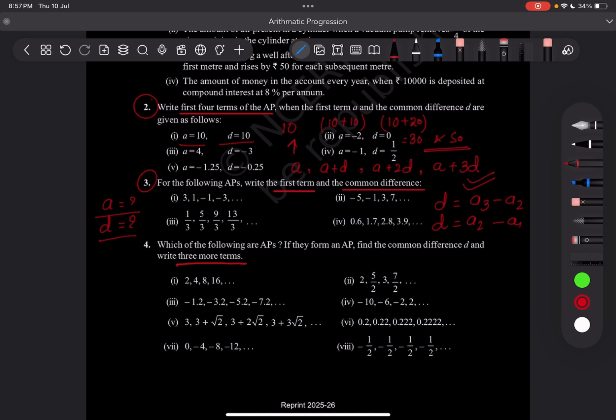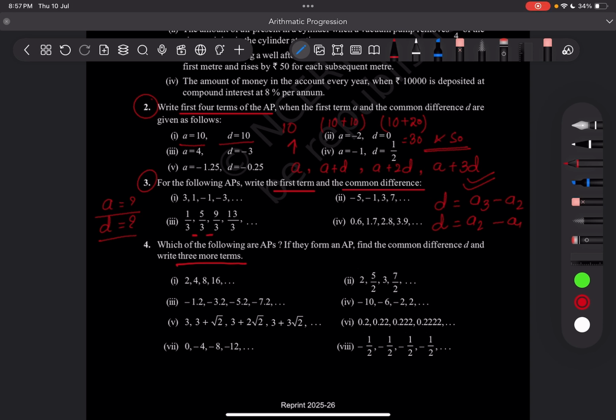So when this type of question is given, first be sure that there is always a common difference, and for getting a common difference you will have to check it twice. For example, you are subtracting A1 from A2 and you are finding a value. Check this value for A3 and A2 as well.